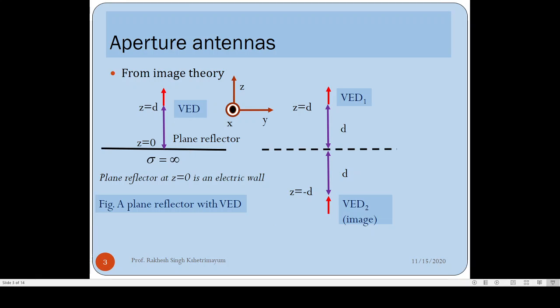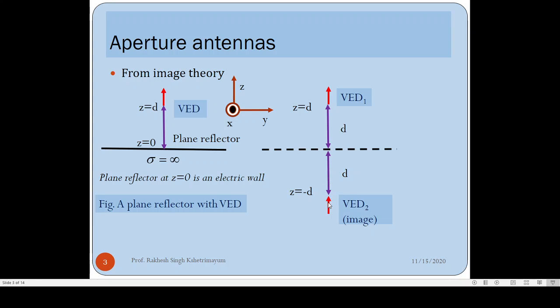When we apply the method of images, what do we do? We remove the plane reflector, and the effect of this plane reflector can be taken care of by introducing a vertical electric dipole 2, which is the image of the vertical electric dipole 1, at a distance z equal to minus d. So at location z equal to minus d, we assume that there is another vertical electric dipole oriented in the same direction.